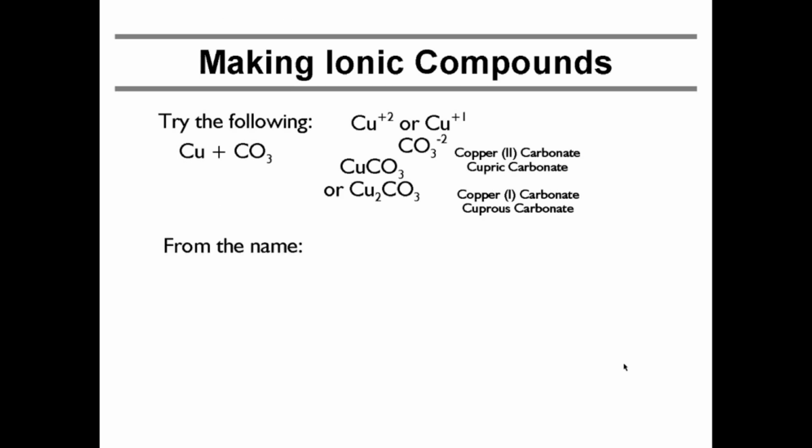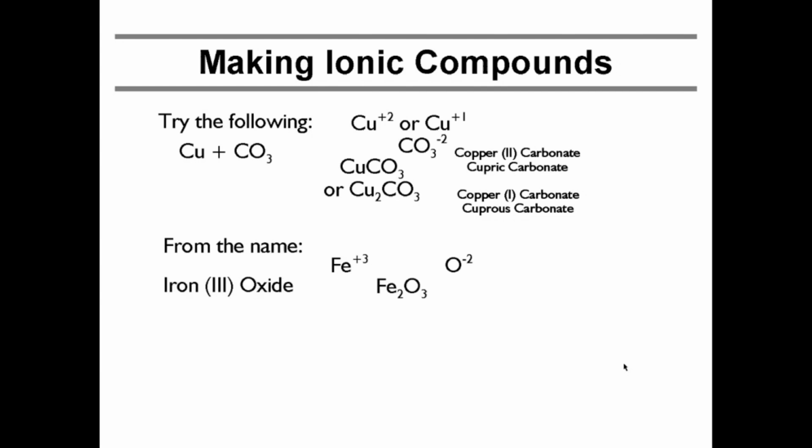Okay, let's try this from the name. If I give you the name iron 3 oxide, what would the formula look like if you had to write it down? I'll go backwards. So iron 3 oxide. Well, iron 3 would have a +3 charge. Oxygen, of course, is always -2. So let's write it down.